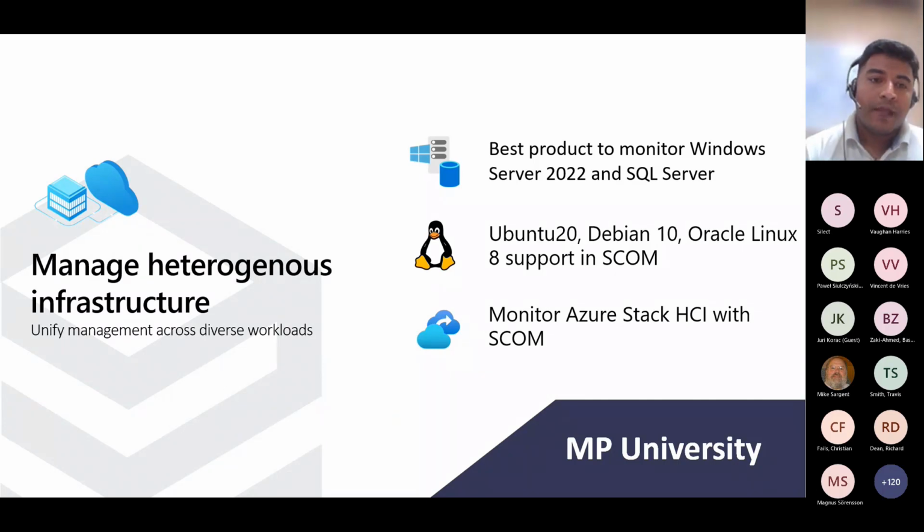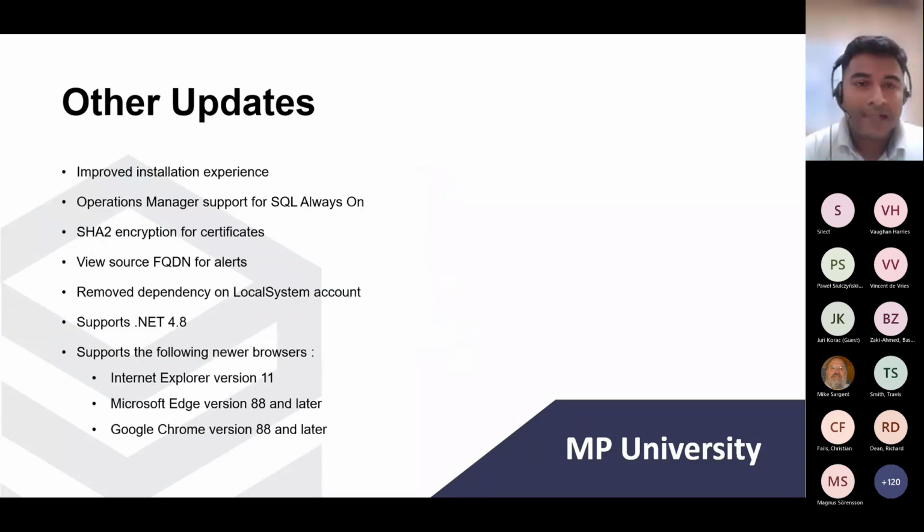So keeping that, or rather addressing the supportability concerns, let's talk about what other features 2022 brings in. As I mentioned, there are quite a few: improved installation experiences, support for SQL Always On, TLS 1.2 encryption for certificates, FQDN alerts.